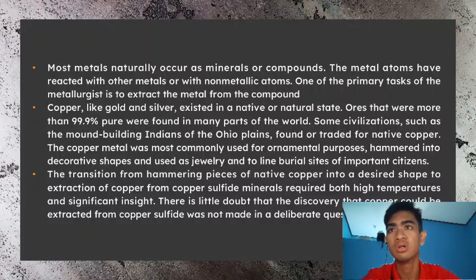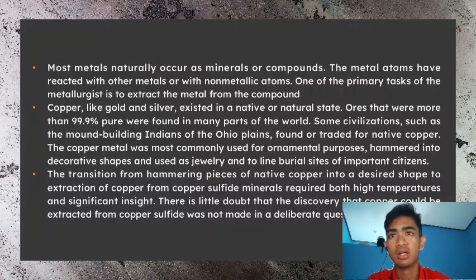Nuggets of gold could be found mixed with the quartz sand of riverbeds in many areas of the world. Such gold nuggets were hammered into decorative shapes, but because of the low strength, the metal was useless as a weapon or tool.